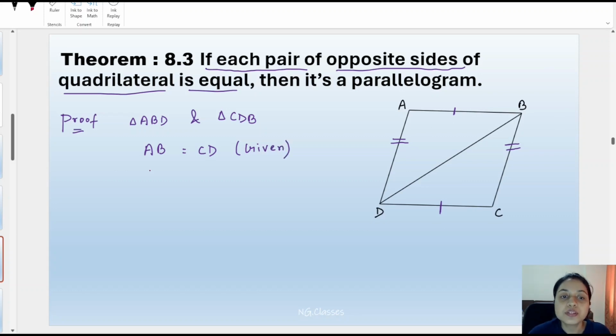We can also see that side AD of triangle ABD is equal to side BC of the other triangle, that is also given in the theorem. And we can see that BD acts as a common side in both the triangles. Let's write it.